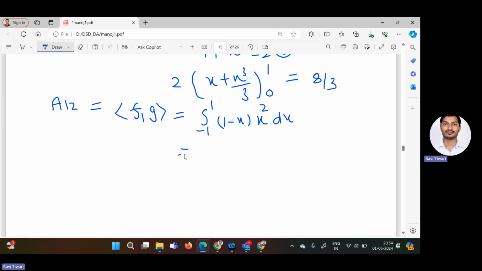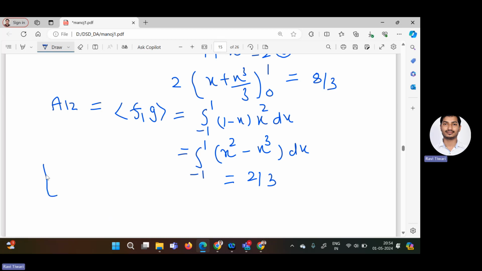You can multiply this out: x square minus x cube, from minus 1 to 1, dx. Again x cube is an odd function, so this will be 0, and the integral of x square is x cube by 3. Here, from minus 1 to 1, you can write 2 times the integral from 0 to 1, by the property of definite integrals. So I hope the final answer is 2 by 3. You can verify: integration of x square is x cube by 3, so 1 by 3, and 2 times that is 2 by 3. So A21 is also 2 by 3.